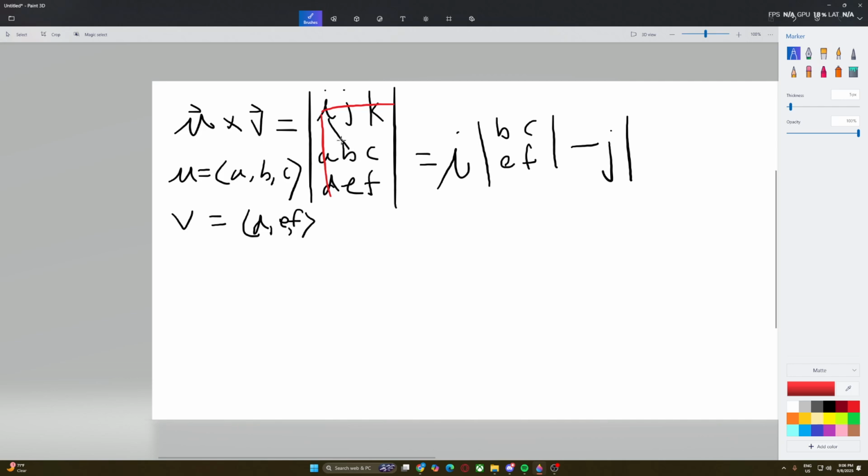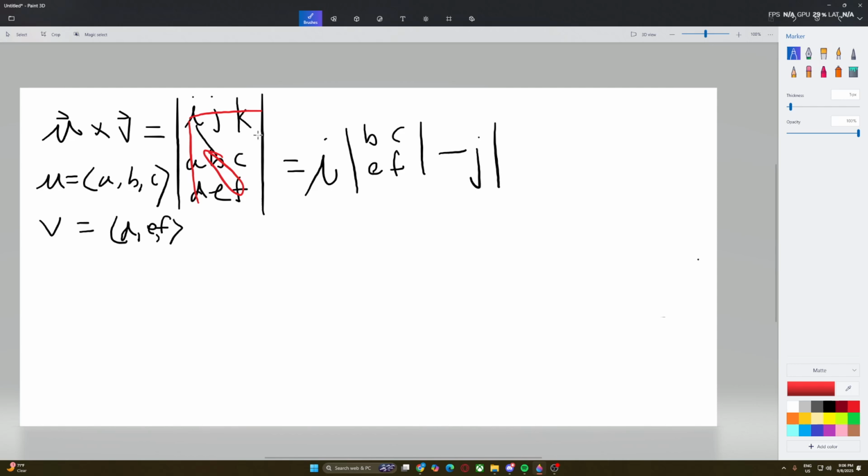Let's draw it out real quick. And then the next one is this, and so we get A, F, C, D. And then it's plus k, and it's A, B, D, E.